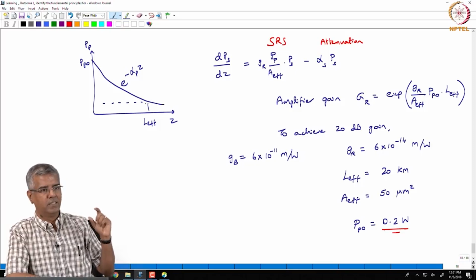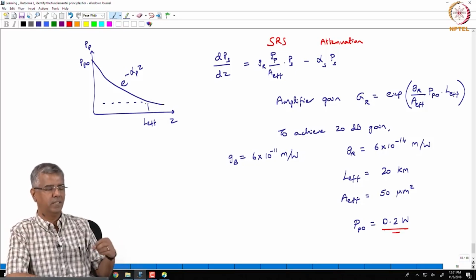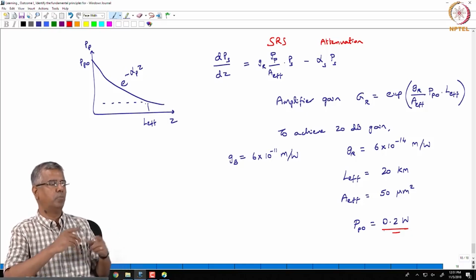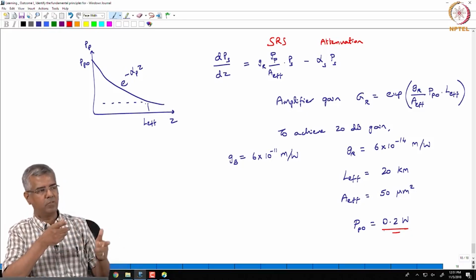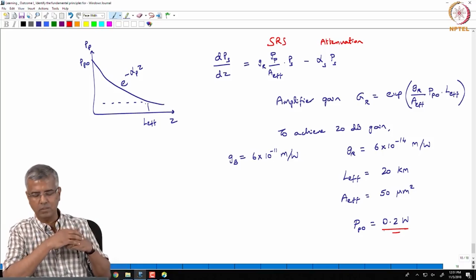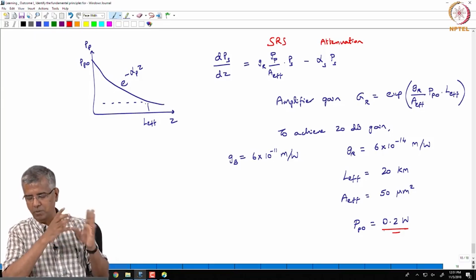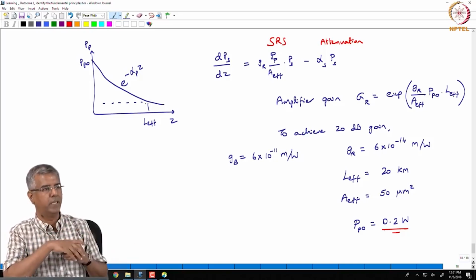mainly because of the fact that stimulated Raman scattering is not a highly probable event. So, you need to have both your pump as well as the signal photons coming to a location at the same time, which is possible only when you flood that material with a huge number of pump photons. Okay.